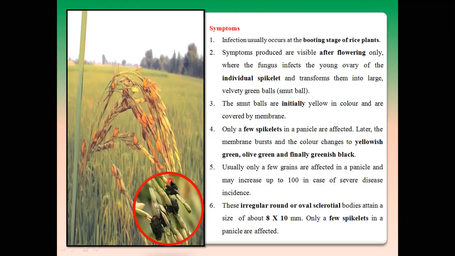So generally these sclerotia are hard, compact, and black in color compared to the normal grains. So these sclerotia have a size of 10 to 12 mm.